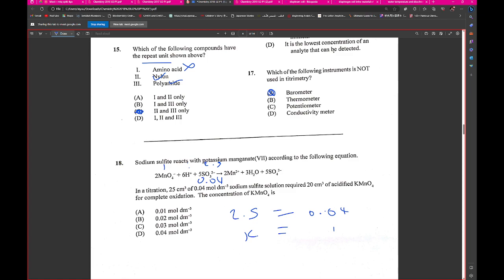Wait, what are you trying to do? Repeat? What I did was use the equation n equals CV. Yeah, we could use that. Hold on, I think this is messing up everything. Multiply, find the moles of the sodium sulfite.